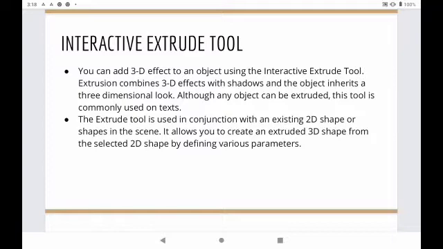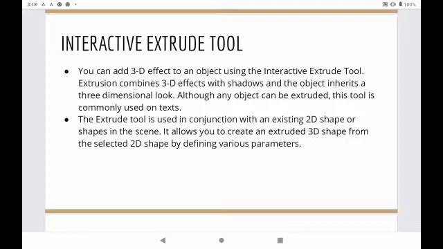Interactive Extrude Tool. You can add 3D effects to an object using the interactive extrude tool. Extrusion combines 3D effects with shadows, and the object inherits a three-dimensional look. Although any object can be extruded, this tool is commonly used on text.